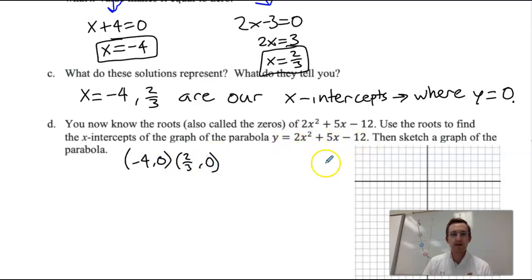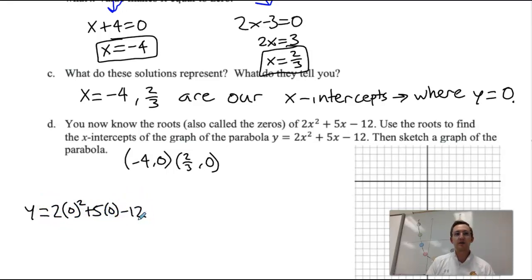And then our y-intercept, when x is equal to 0, y is equal to 2 times 0 squared plus 5 times 0 minus 12, which we did on the last page. I'm just rewriting it to show you how we get our y-intercept. And y is equal to negative 12, which tells us that our y-intercept is 0, negative 12, just like that.